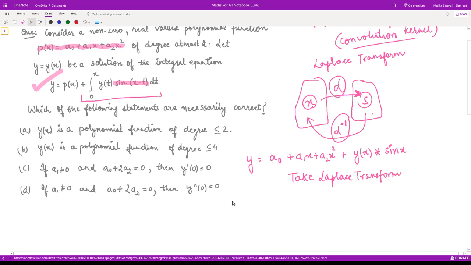So we would have the Laplace of y of x equal to the Laplace of this whole term a0 plus a1x plus a2x square, plus here the Laplace of y of x convolved with sine of x.